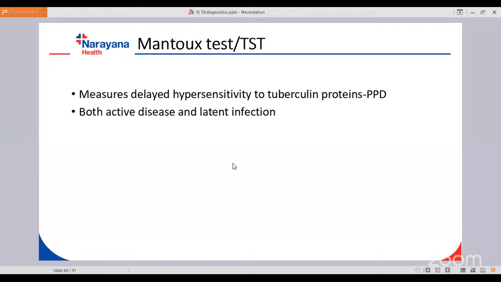One-third of India's population has latent infection. The bacilli are sitting dormant inside our body. And that is also picked up by tuberculin skin test. So a positive tuberculin skin test could very well just say that one-third of us are infected with TB and not disease. Okay, this is the important message that I want to give all.